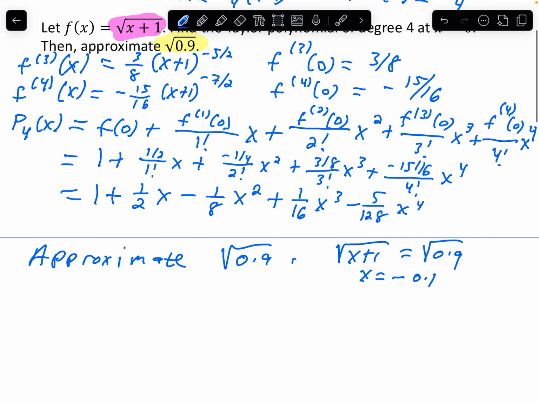So we need to use this value of negative 0.1 in every single one of these. What does that look like?